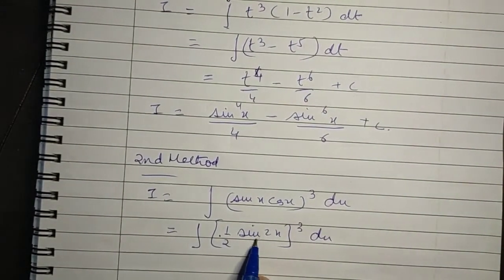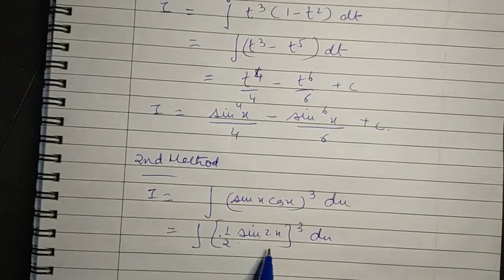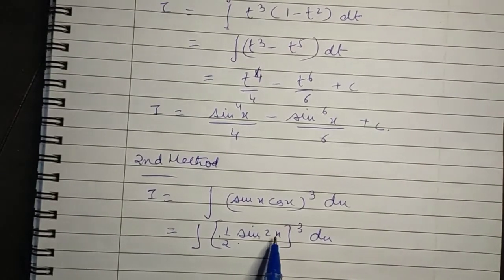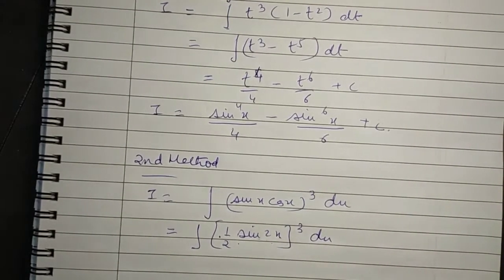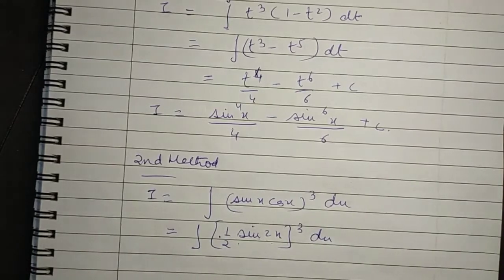Either you make use of the result for sine 3 theta keeping 2x as theta, or you can convert it further into sine and cos at this stage and then do the needful. So there are so many results, and accordingly you will get so many solutions.